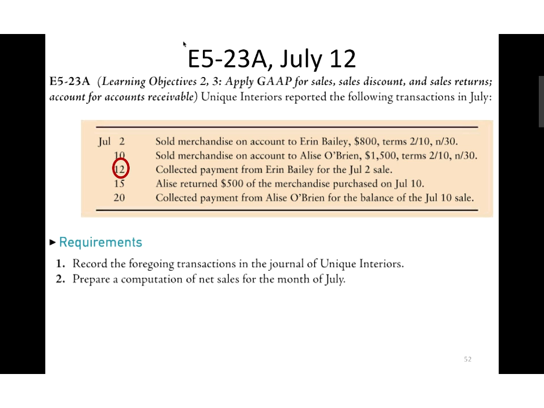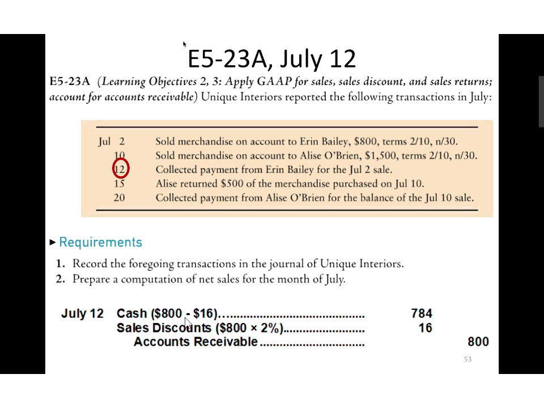So she's going to pay less than $800. She's going to pay $800 less the $16. What this entry is going to look like is, first of all, we're going to have cash. She's going to pay $784. That's the 2% discount off the invoice amount. If I were doing this entry from scratch, I would debit cash for $784 and credit accounts receivable for $800.